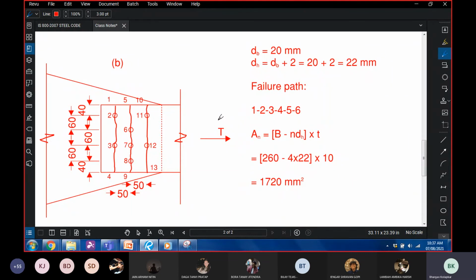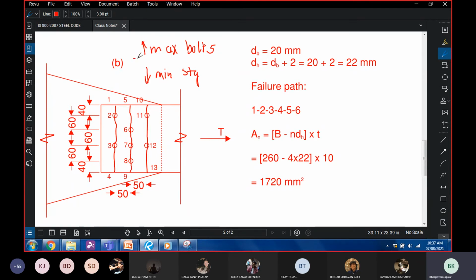Now tell me, which do you think we should look at between 1, 2, and 3? We are trying to find the minimum value of An, so we are trying to find the path that has maximum bolts. And further, in the next step, we are going to find the path that has minimum staggers. So maximum bolts and minimum staggers.